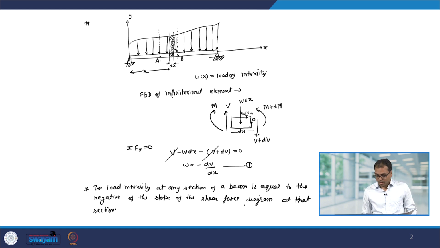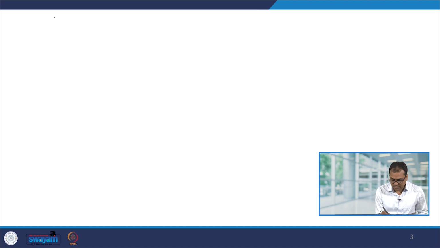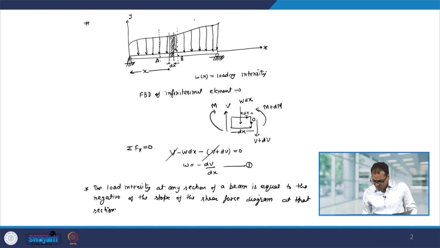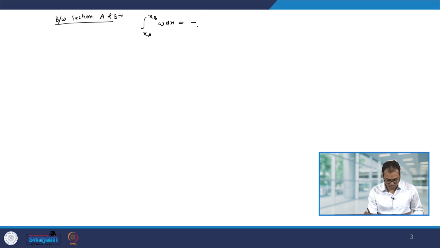Okay. Now, we can find out from here what V is just by integrating it. So, let us integrate this between the sections A and B to find out V. So, we have the integral from xA to xB of W dx, equal to minus the integral from xA to xB of dV by dx, and then we are integrating with respect to x.